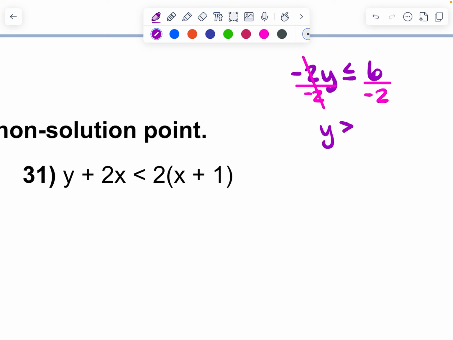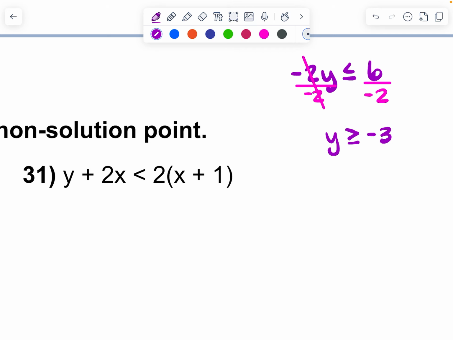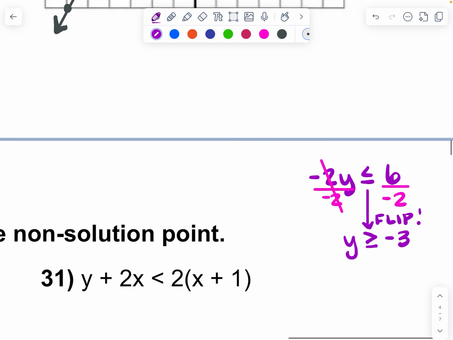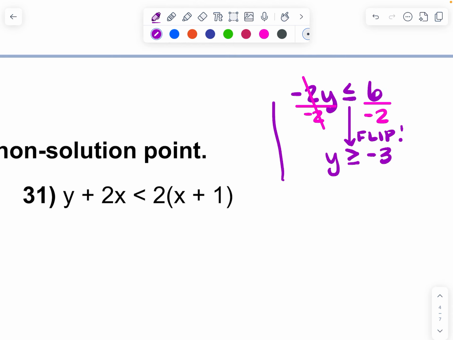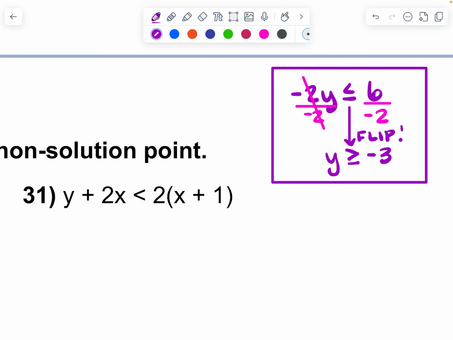And when you divide by a negative, the inequality symbol has to flip to keep the truth value the same. So we need to make sure that we remember that. I'm going to put a little flip: when you divide by a negative to solve for y, the inequality symbol has to flip.